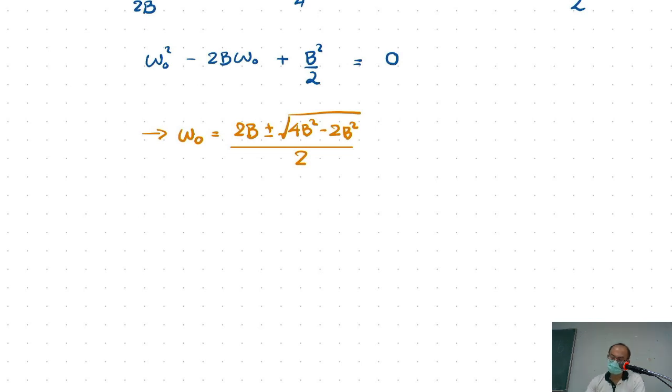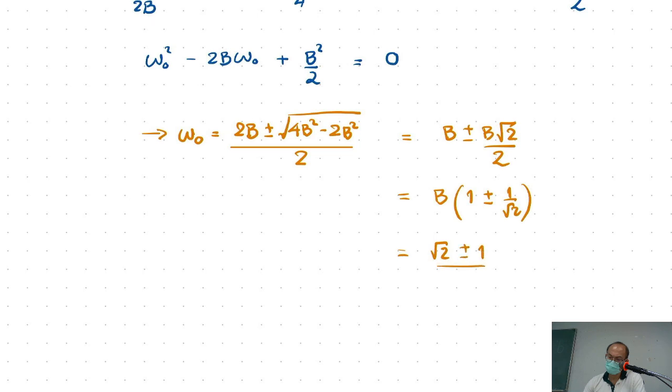So this is equal to b plus minus b square root of 2 over 2, right? So b times 1 plus minus 1 over square root of 2. So it is square root of 2 plus minus 1 over square root of 2 and b, right?